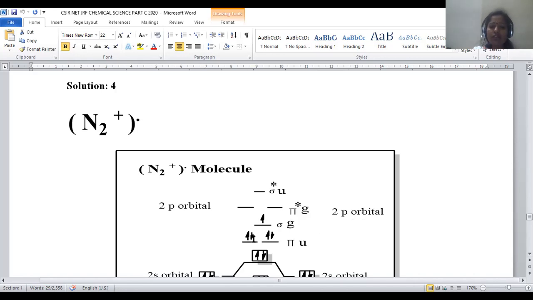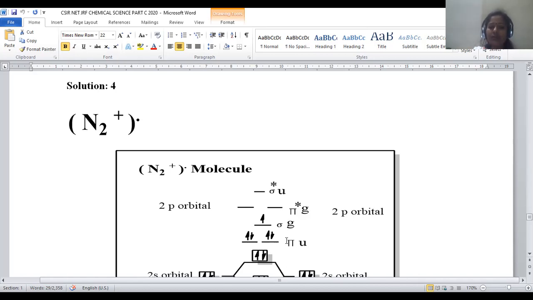How can we fill 5 electrons? Here the sigma ungerade orbital is filled with 4 electrons and the sigma gerade orbital is filled with only 1 electron. Till half filled, 2 orbitals are laying down, and 1 sigma 2pz orbital is laying up. So this is a more than half filled kind of electronic configuration.